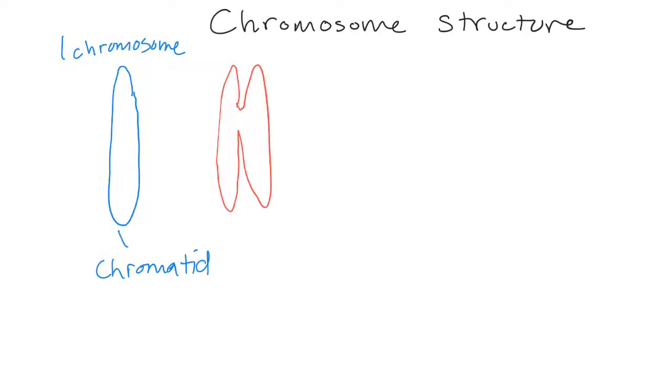All right, this over here is also one chromosome, but it has two chromatids. And how it got two chromatids is through the process of replication.